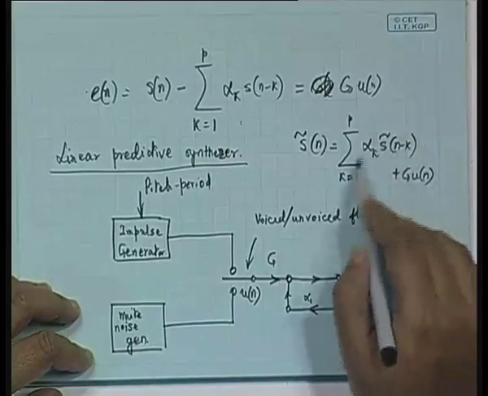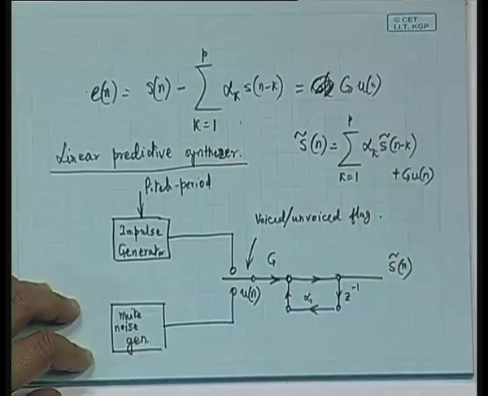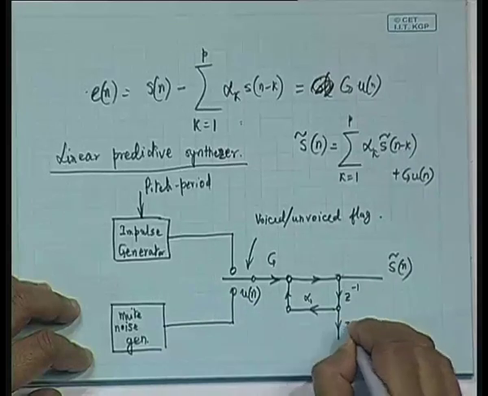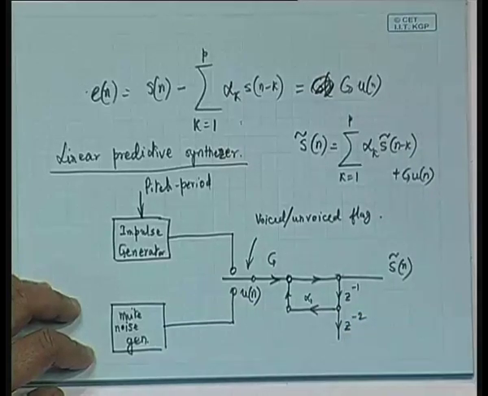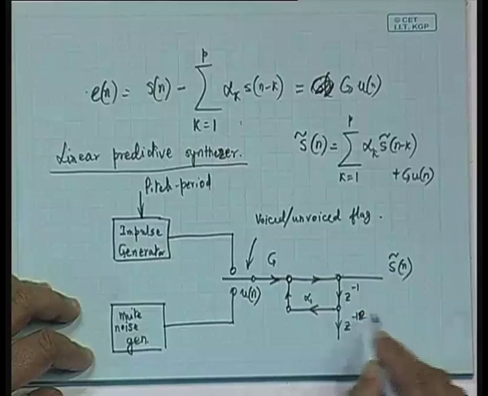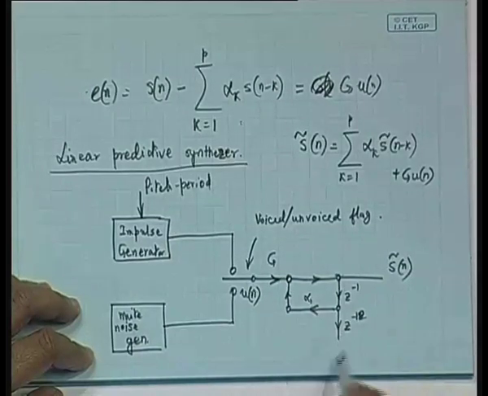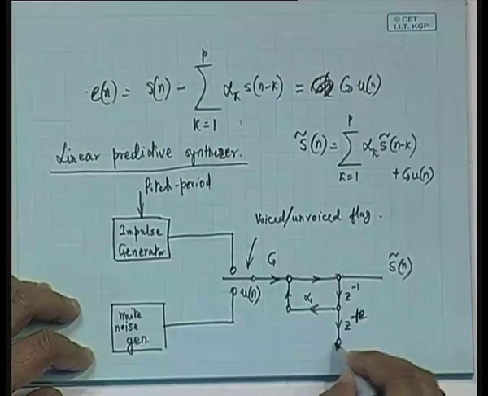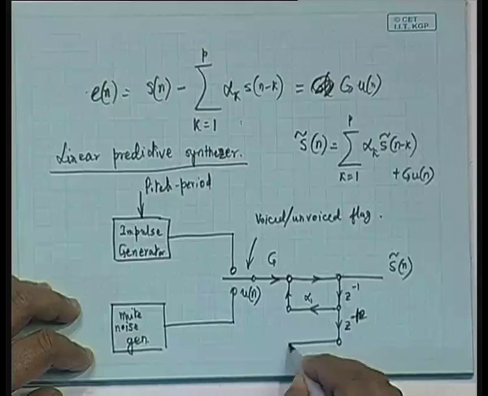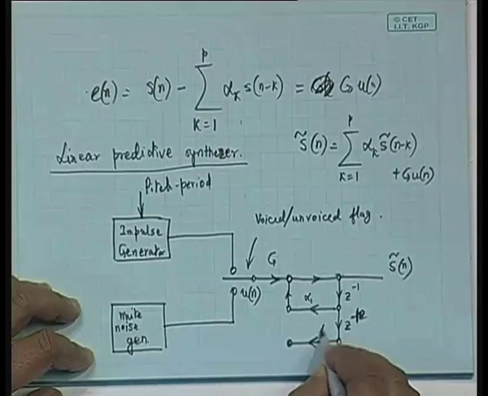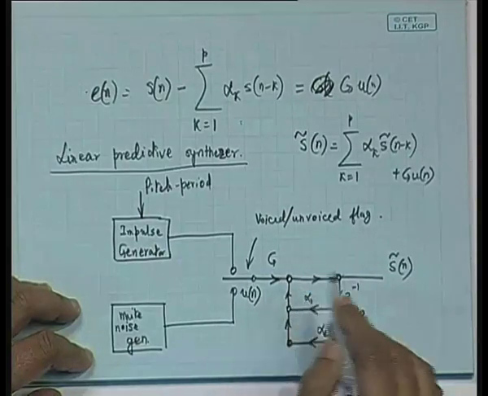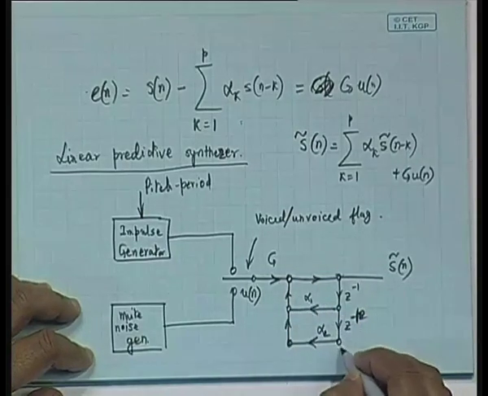So, this is only a first order predictor, but then for a second order predictor, we need yet another delay element, z to the power minus 1 only, so that totally it is having 2 delay elements. So, this is z to the power minus 1, so that this is S tilde n minus 2, and this has to be multiplied by alpha 2, and this also will be added to this, and then this goes on.